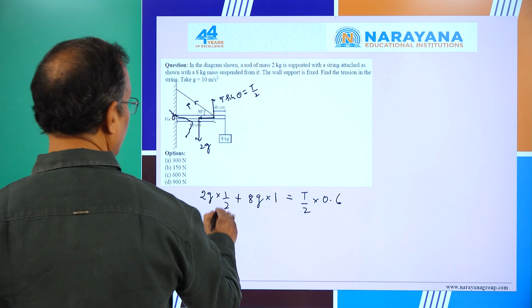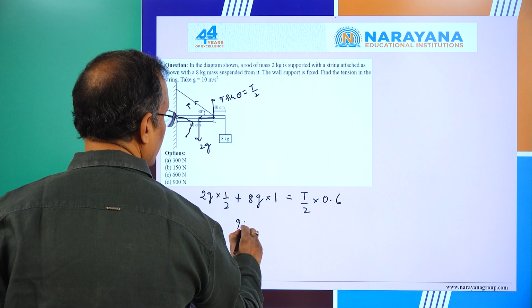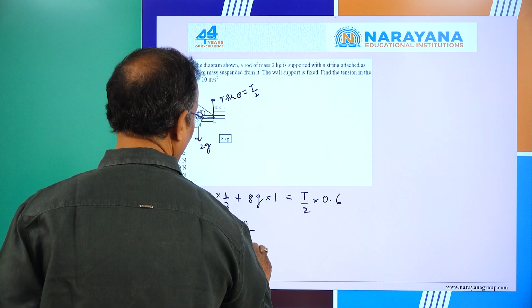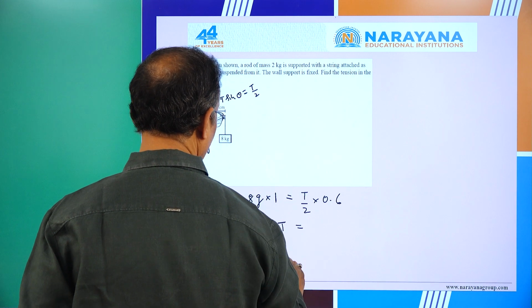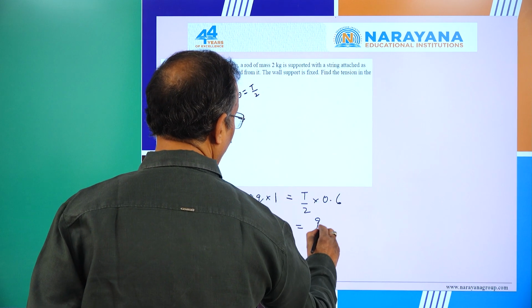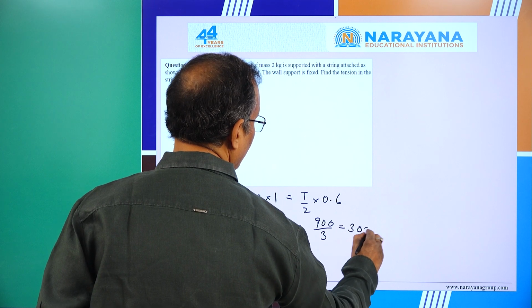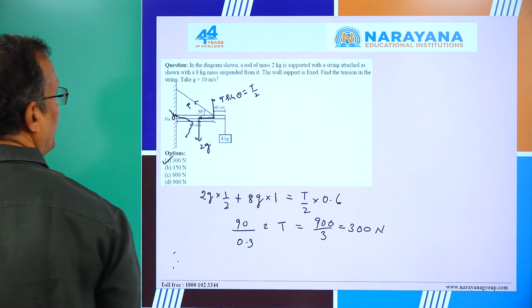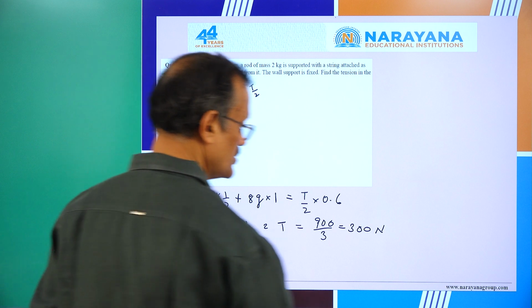So now it is g, 8g, 9g, 90, and this divided by 0.3, that is your T. So T will be equal to 900 by 3. This will be equal to 300 Newton. Your answer will be A. Clear to you? Now let us move to the next question.